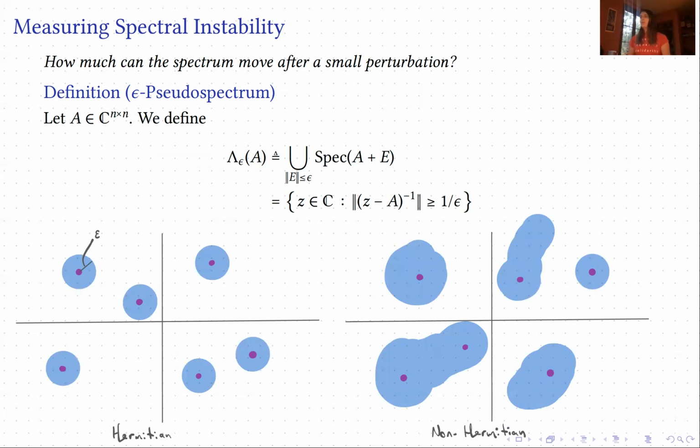From the level set definition, it's clear that the pseudospectrum always contains the spectrum, which I've drawn in pink in these pictures. On the left is the Hermitian case, where, as an exercise, you can check that the epsilon pseudospectrum consists of disks of radius epsilon centered at the eigenvalues of your matrix A. On the right is the non-Hermitian case, where the epsilon pseudospectrum in general can extend much further from the spectrum and have all sorts of interesting geometric structure.